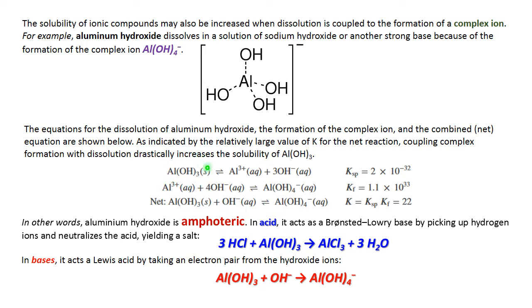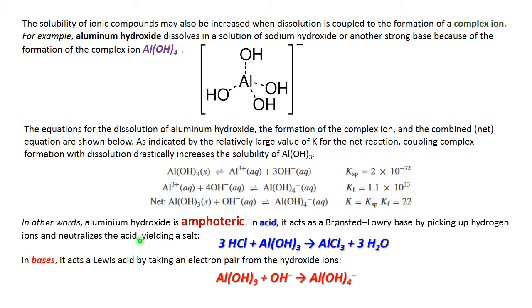So solid aluminum hydroxide can make aluminum 3 plus ion and 3 hydroxide, its solubility product. Another reaction is aluminum with 4 hydroxides making the complex ion. The formation constant is this one. And the net reaction is the addition of the two, and it has a positive and big constant.